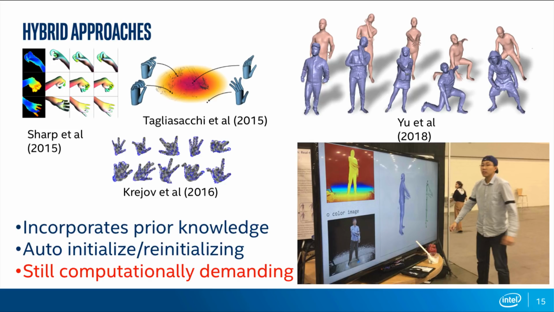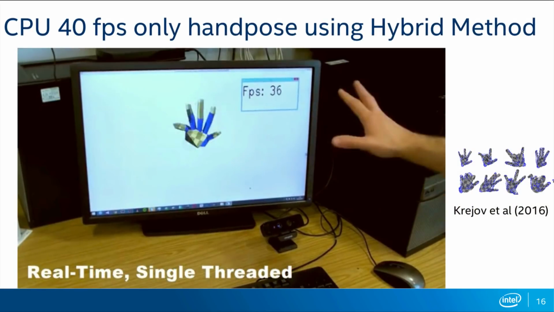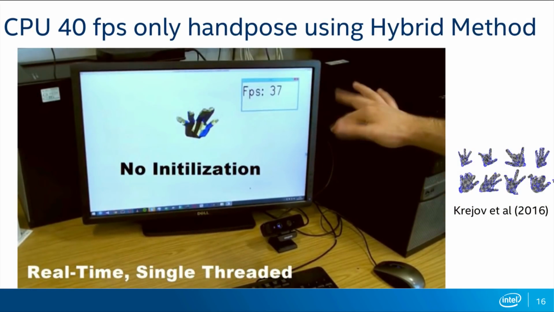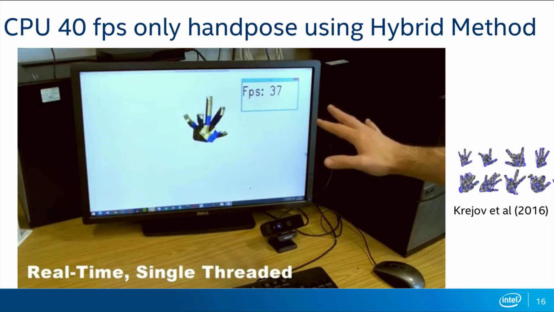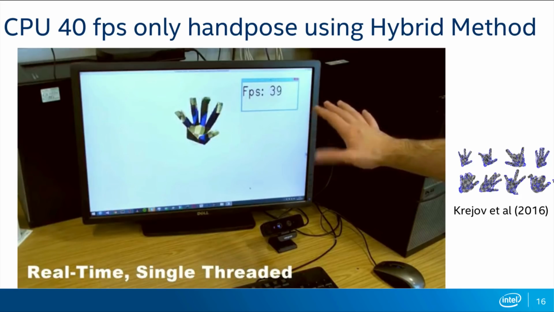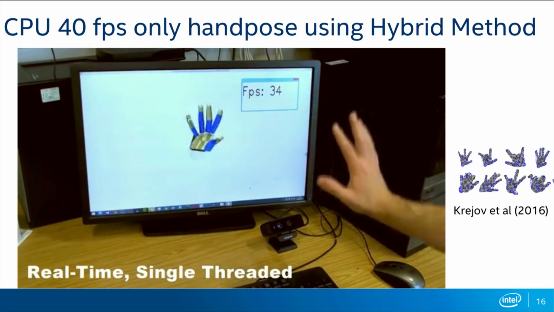And from my prior work, I was under the impression that you could do very good work with very limited compute. So in fact, I wrote an algorithm for hand tracking that would run on a CPU alone at 40 frames per second using this hybrid method that I mentioned.